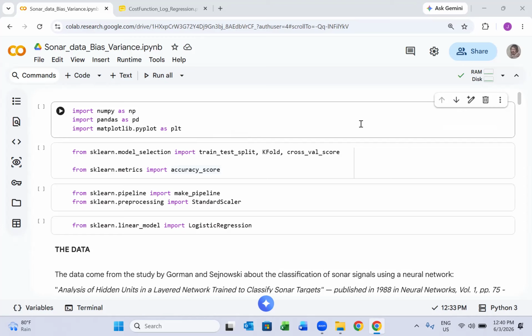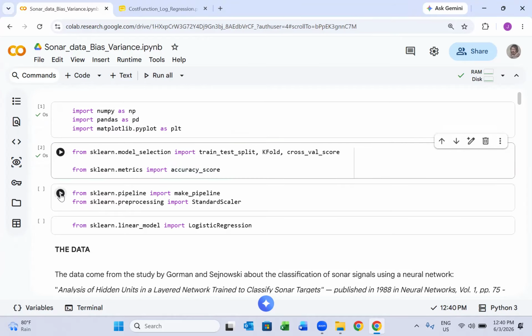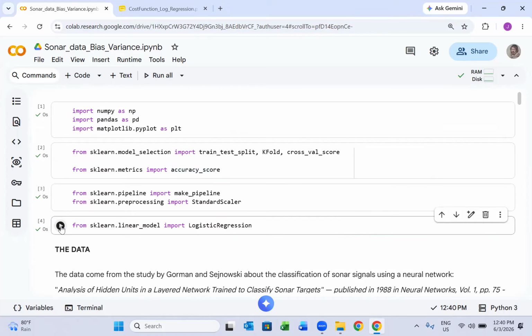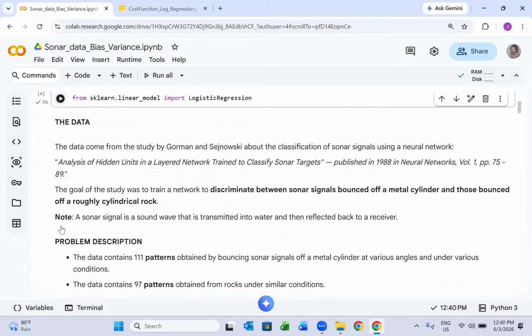All right, so let's start by importing some of the functions and libraries that I'm going to need in this analysis. And done. And then after that, let's go ahead and explore the data that I'm going to use.